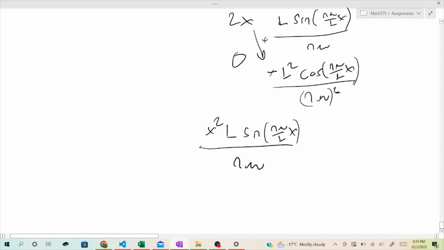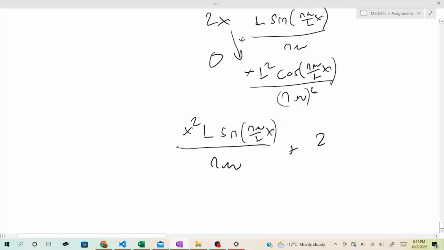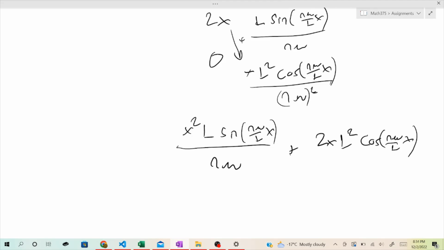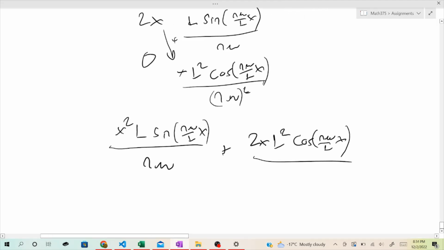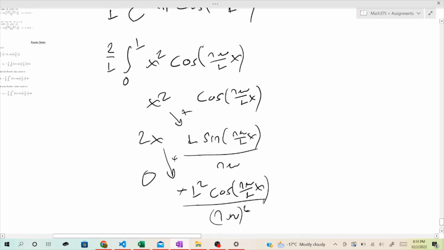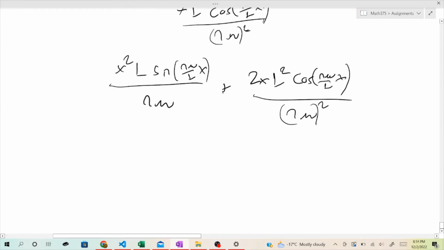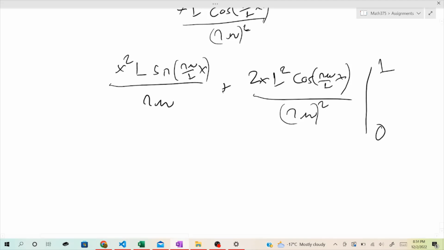These two negatives cancel out, plus 2x L squared cosine n pi x over L over n pi squared. This is going to be evaluated from 0 to L. Plugging in L for x squared, we get L cubed.